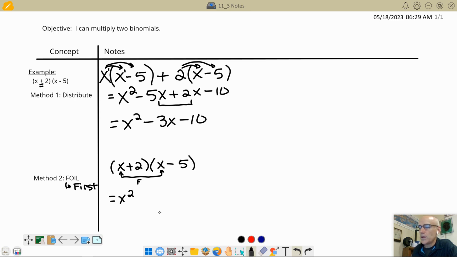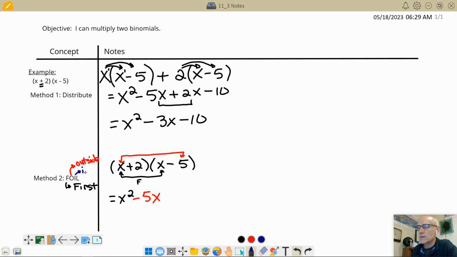Then I'm going to multiply, let's see, how am I going to keep this organized? Then I'm going to multiply the outsides together. The O stands for outside. Okay, where are the outsides? Outsides are these two guys right here. So when I multiply the outsides together, I get minus 5x. Okay, so that's the outsides. Let's do the insides.